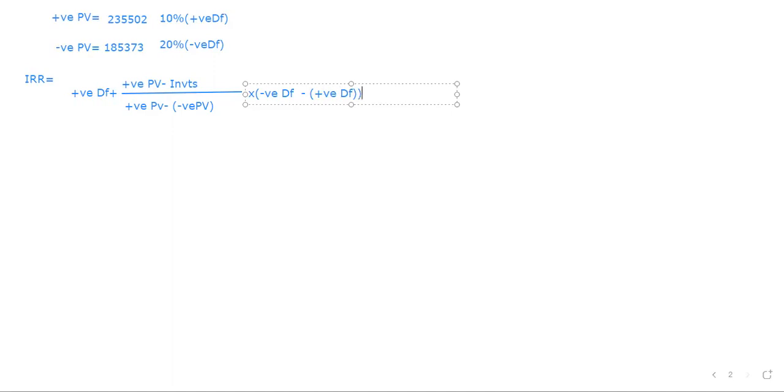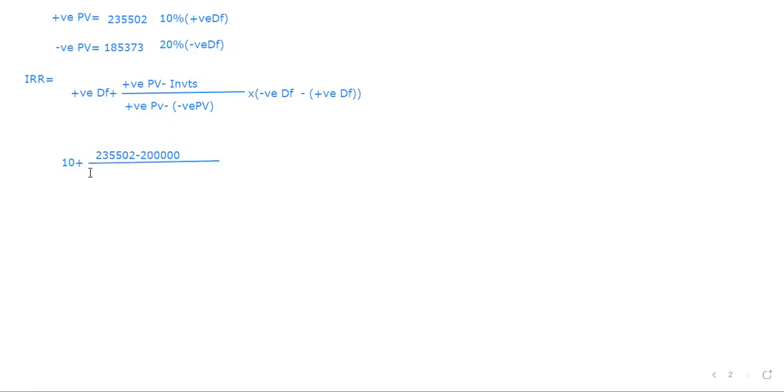So hope this is clear for you people. Now simply we are going to apply the formula. The first one is the positive discount factor. We got a positive PV at which percentage? We got it at 10%. So my answer begins with 10% plus. Have a calculator in front of you. Positive PV, I got 2,35,502, minus investment, which is 2 lakhs.